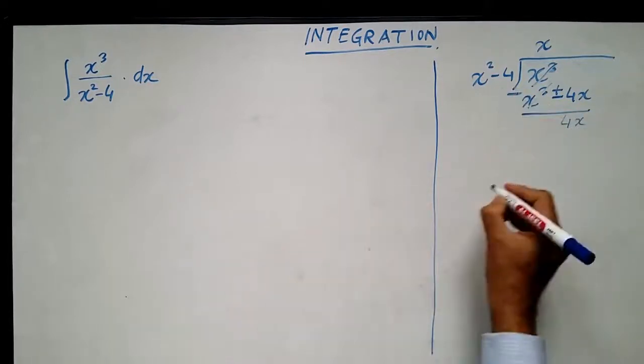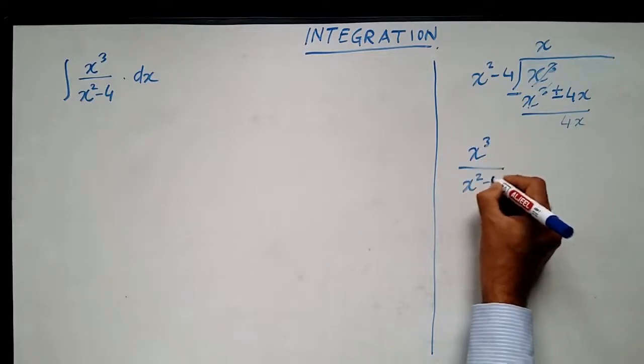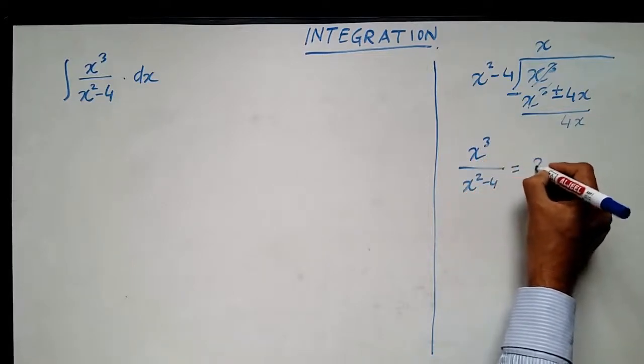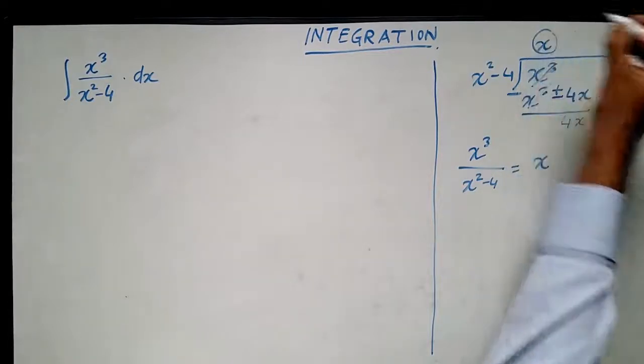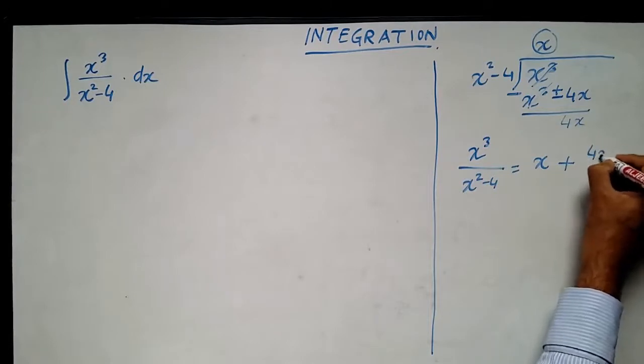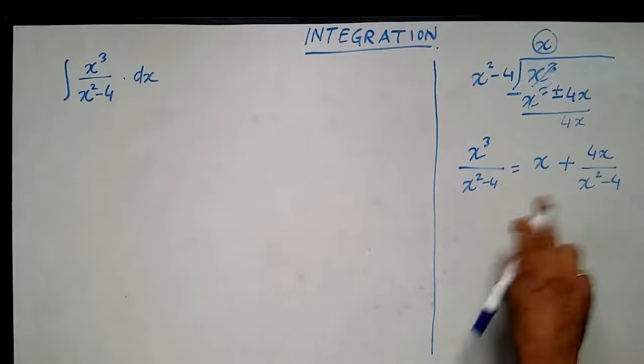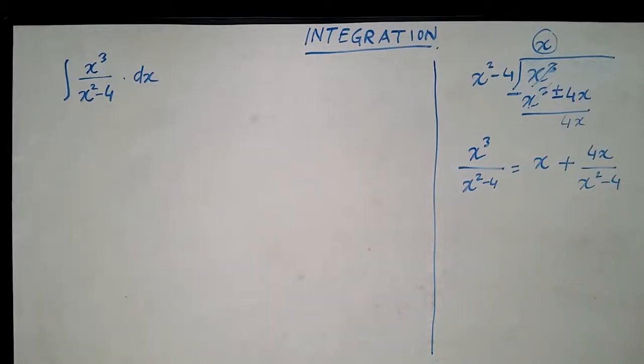So this expression x cubed upon x squared minus 4 can be expressed in the integer form, that means x plus 4x upon x squared minus 4. Now we are in a position to integrate this expression. So let's do that.